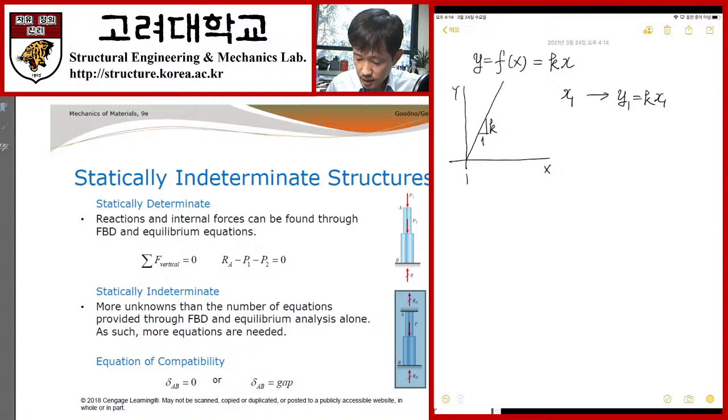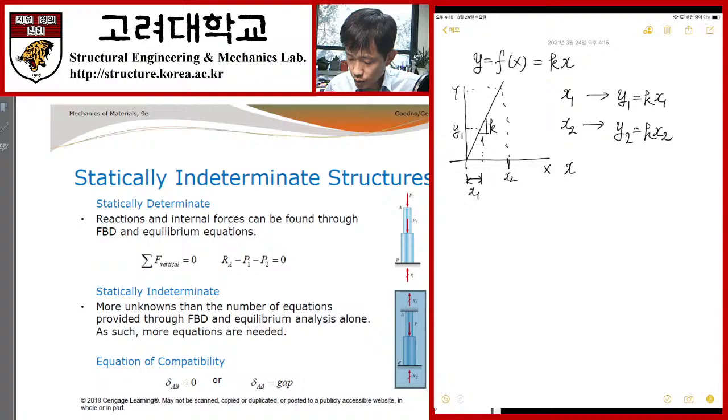So if you consider x1, then we can get the response y1. How about x2 as the input argument to this structural system? So y2 is equal to kx2. If you consider x2, then we would get y2.